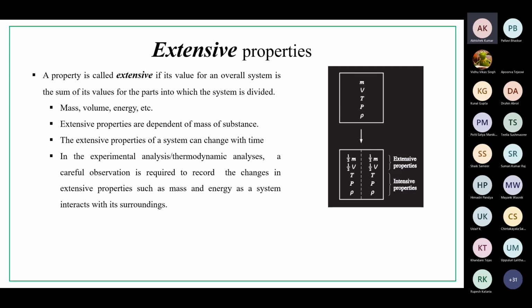That means the volume is changed. So when you are splitting the system, if the property is changing because of the splitting, we can call it an extensive property. Here we have shown that extensive properties are these two.